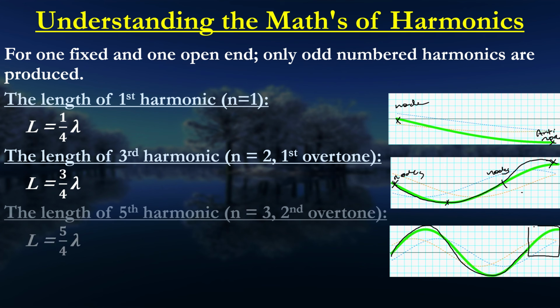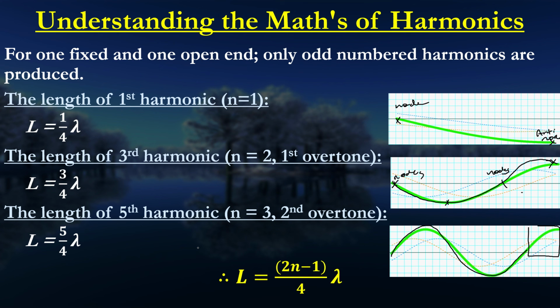So 5 over 4 wavelengths seen there. So the general formula we can write here if you actually have a look, is (2n minus 1) divided by 4 lambda.